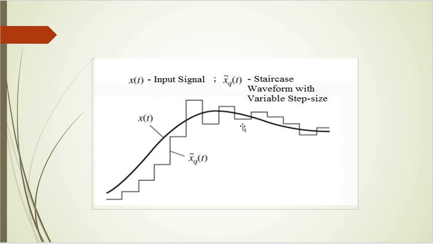It can be clearly seen that the step size is a variable function. During this portion of the signal, when the signal amplitude is changing at a lower rate, you can see the step size is also decreasing. In this way, both slope overload error and granular noise are eliminated.